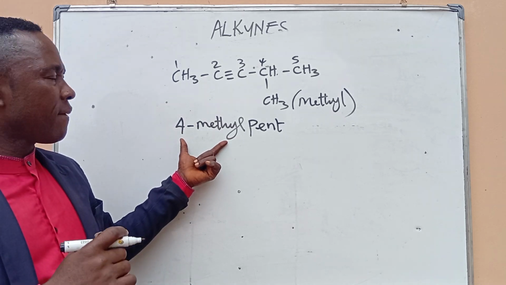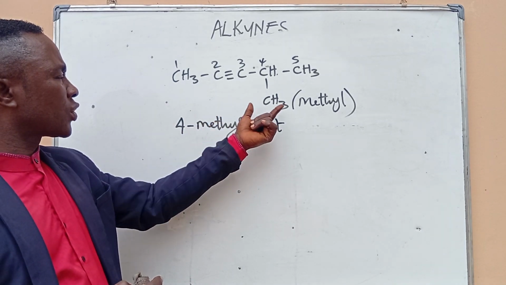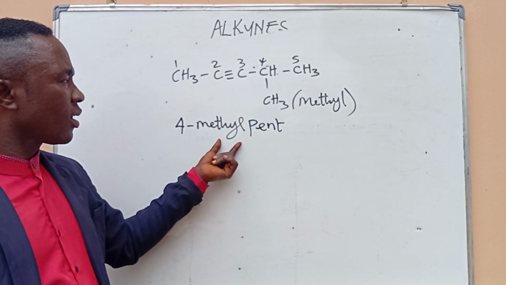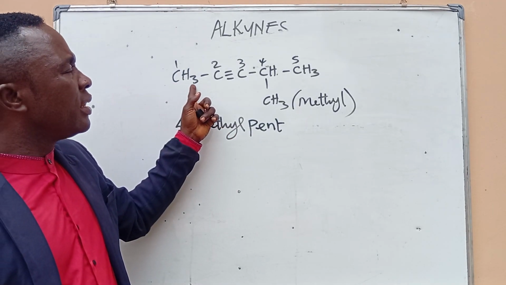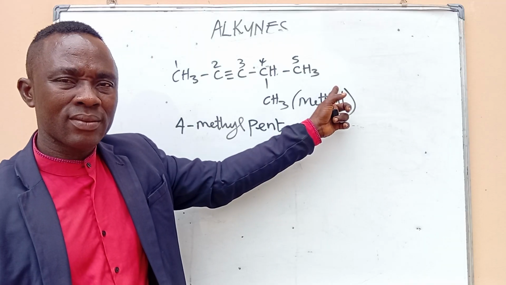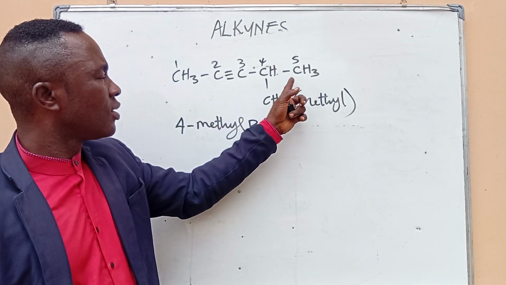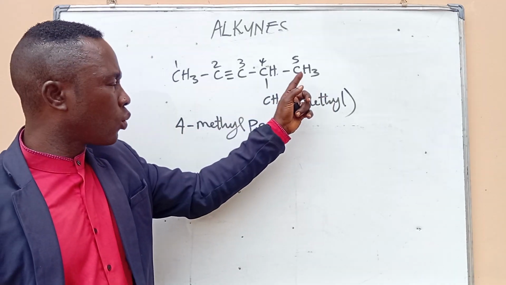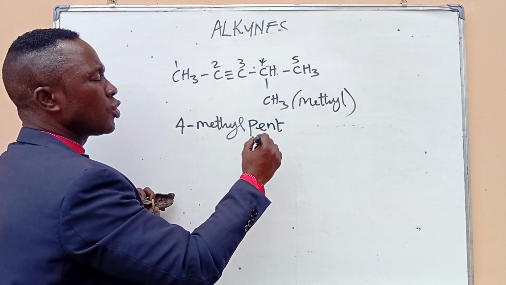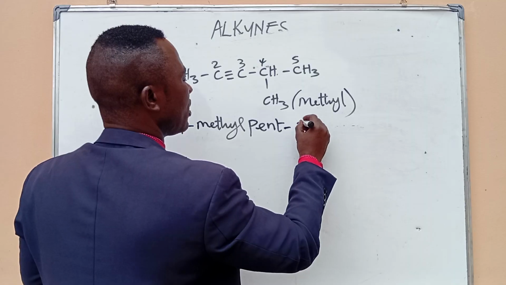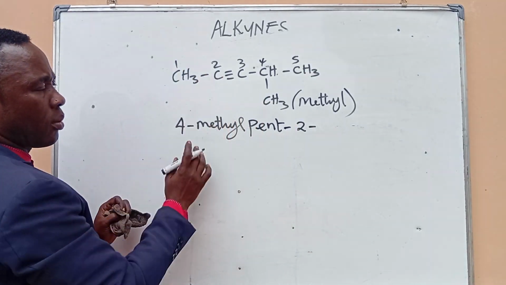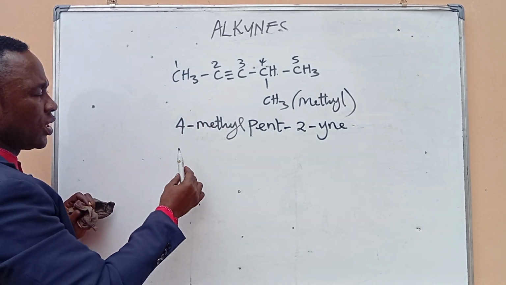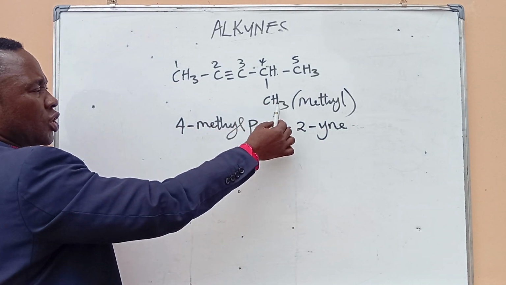When you name the substituents, indicating the carbon atom where each is present, the next thing is for you to name the parent carbon chain, which is pent. Then you indicate the position of the triple bond, which is number 2, and then the name ends with ine.